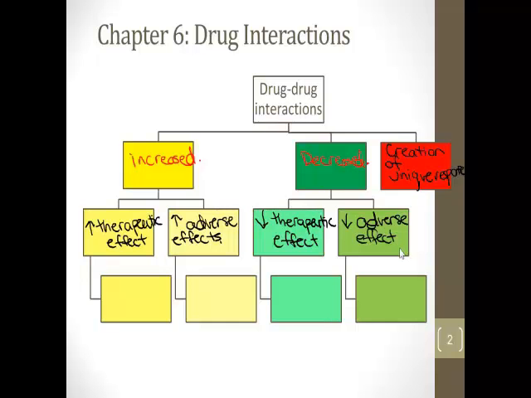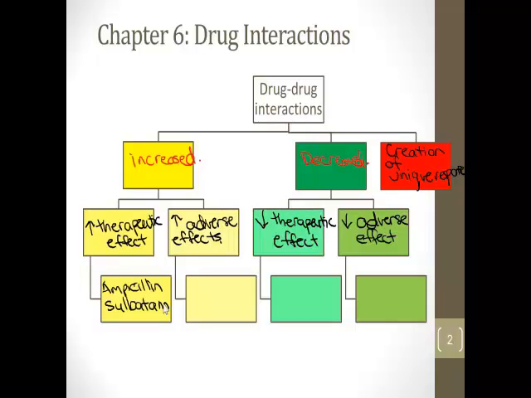So an example where 2 drugs taken together by the same person can increase the therapeutic effects is if a person takes 2 antibiotics together. So if a person is taking ampicillin and sulbactam, which are both antibiotics, both of them actually increase the therapeutic effects.